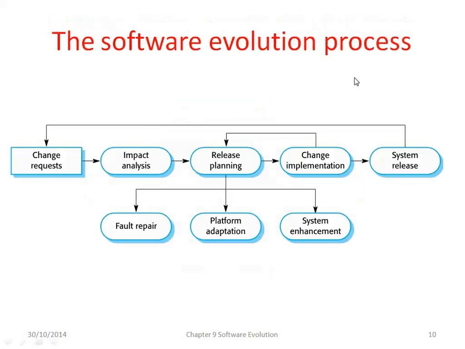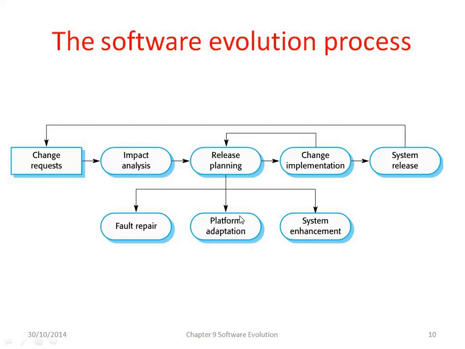The software evolution process begins with the change request. The existing system software is available, so what type of change is required? That is the change request, followed by impact analysis and release planning. The change may be fault repair, platform adaptation or system enhancement.